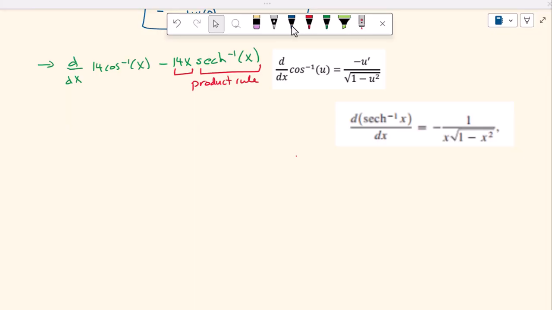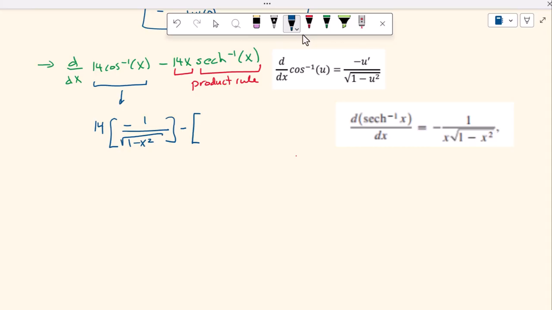Now in this particular case, my u is just x, so this is pretty straightforward. So I'm going to have a 14, and then I have a negative u prime, the derivative of x is 1, over the square root of 1 minus x squared. So that's the derivative there. Now for this next piece, I have a product rule, and not only do I have a product rule, but I have a minus sign out front, so I need to make sure that I have the minus sign there so that the negative gets distributed correctly.